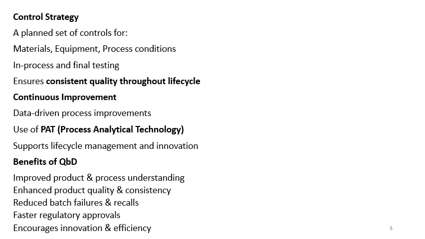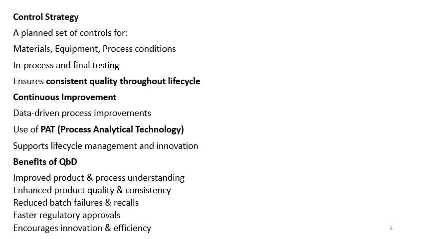Control strategy. Control strategy is a planned set of controls on the materials, equipment, processing conditions and many others. It also involves in-process and final testing. It ensures consistent quality throughout the life cycle. And once the product is developed, then comes continuous improvement.